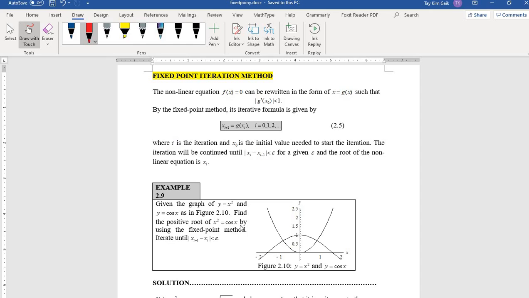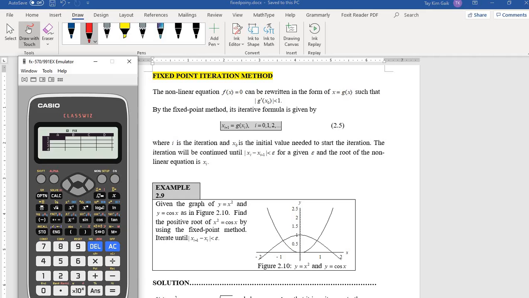Let's say we don't have the software to plot it, then we break this nonlinear equation x squared = cos x into y = x squared and y = cos x. The intersection point of these two curves will be the root of x squared = cos x, and we want the positive root here.